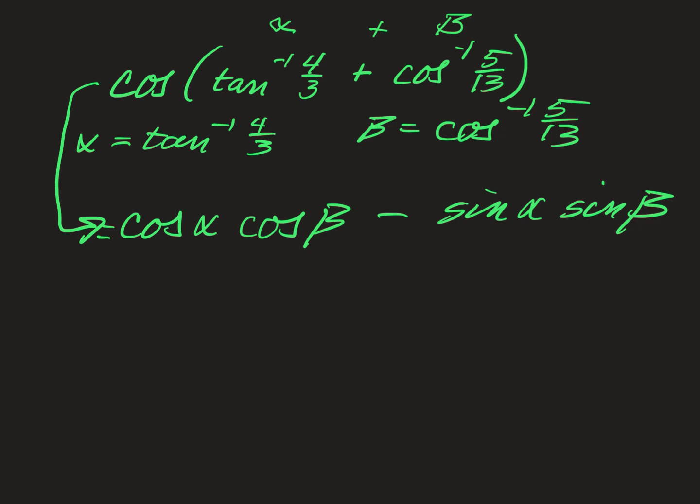But what you notice is that alpha, I know what alpha is, and I know what beta is, so I can plug those in for each one of these. So here's what this will look like.